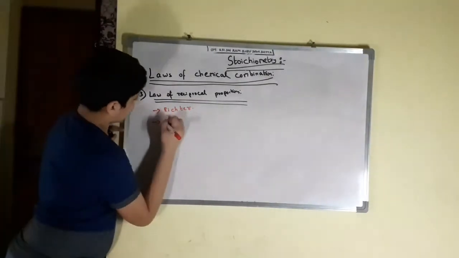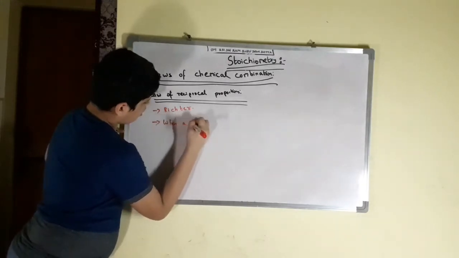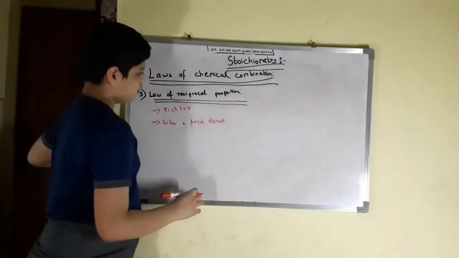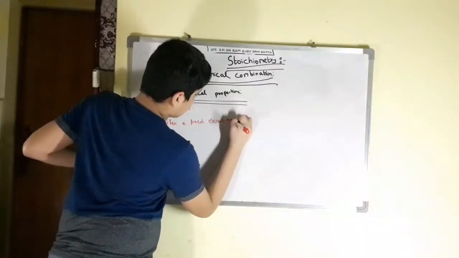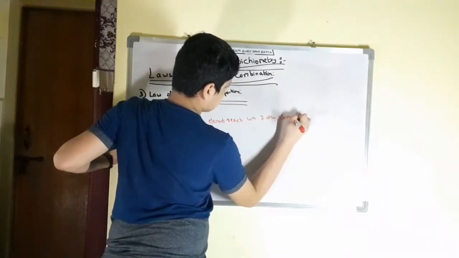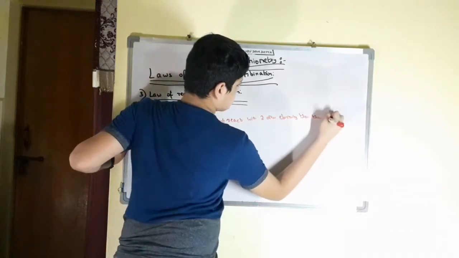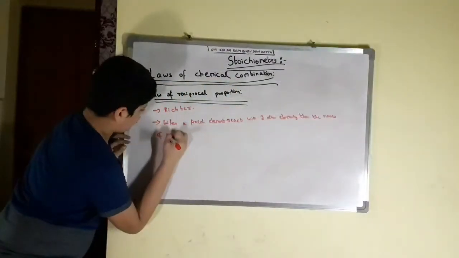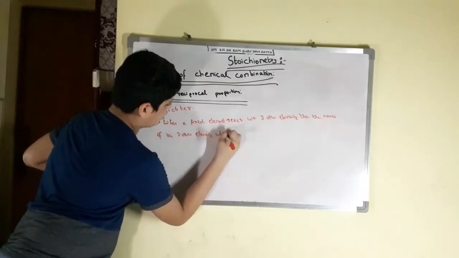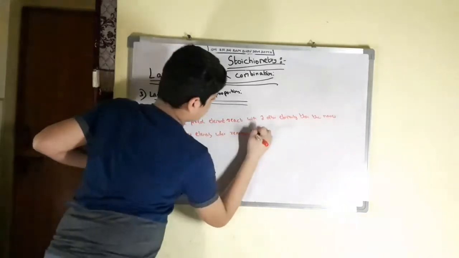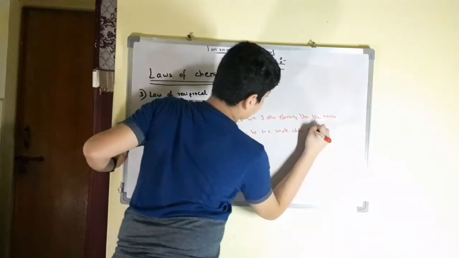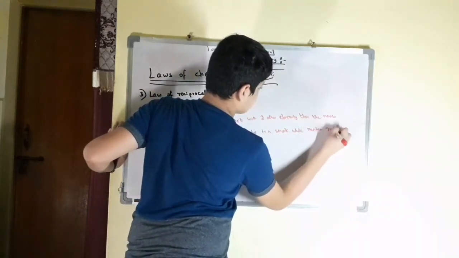This law states that when a fixed mass of the same element reacts with two other elements, then the masses of the two other elements, when reacted with each other, will be in a simple whole number ratio.